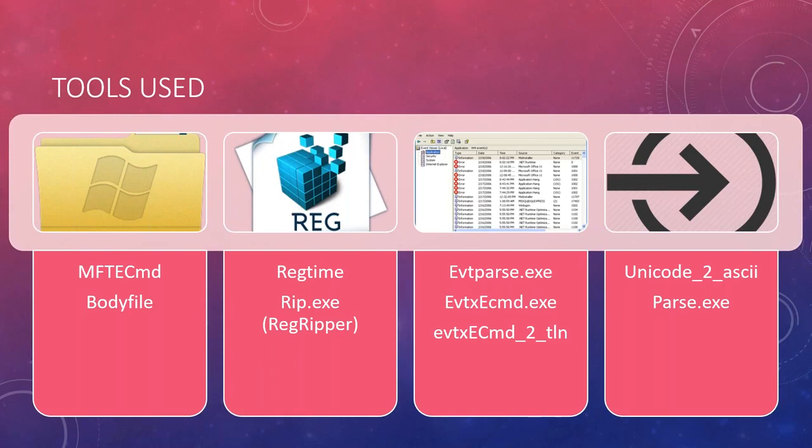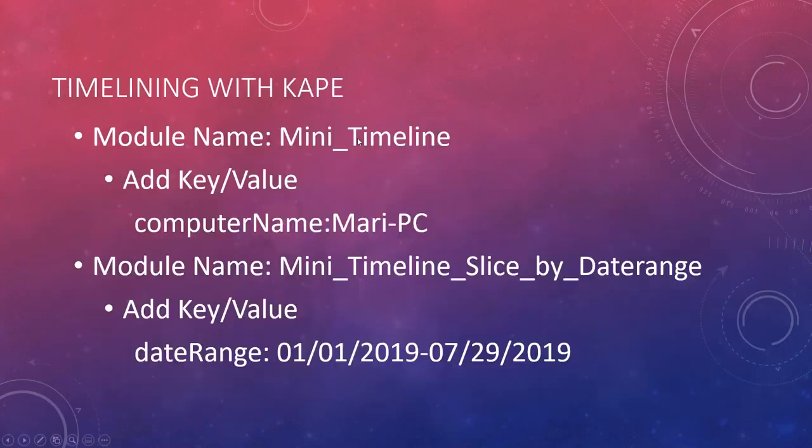So parse.exe is going to take that epoch timestamp, convert it into a human readable format, and sort it with the most recent activity at the top and the oldest activity at the end of the TLN file. So, all right, kind of went through all that. I was just giving you a peek behind the curtains, but really running the tool and doing all of this happens very seamlessly in the background with Kabe.